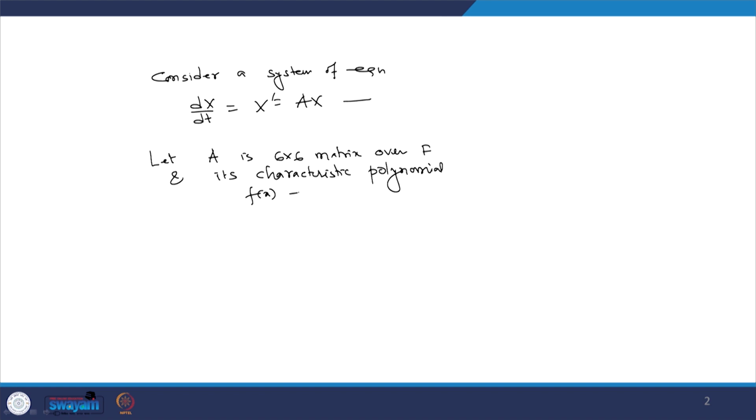f(x) is equal to, say, (x minus lambda 1) whole square and (x minus lambda 2) power 4, where lambda 1 and lambda 2 are distinct scalars.